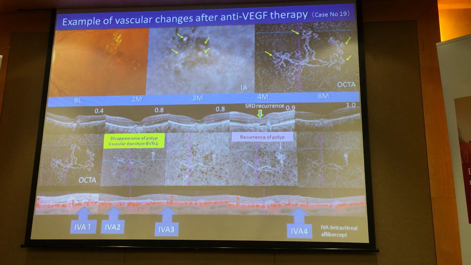It means the regression of the previous lesion. This is the flow signal of the polypoidal region. Okay, thank you.